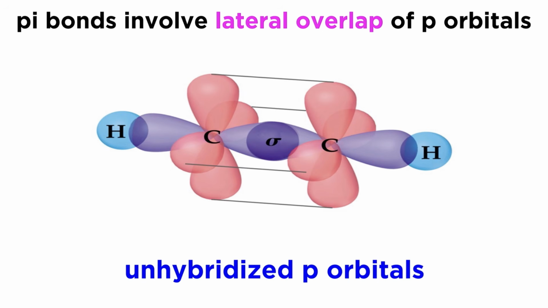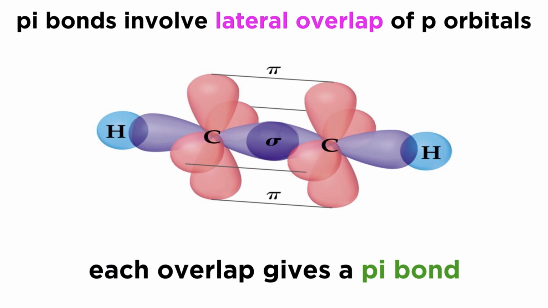But with sp hybridization, the carbons each have 2 unhybridized p orbitals left over, which gives us p orbitals on this perpendicular axis and other p orbitals on this other perpendicular axis, leaving us with this propeller-like configuration. The lateral overlap of each of these pairs of p orbitals produces a pi bond, which is how we get 1 sigma bond and 2 pi bonds to get the triple bond.